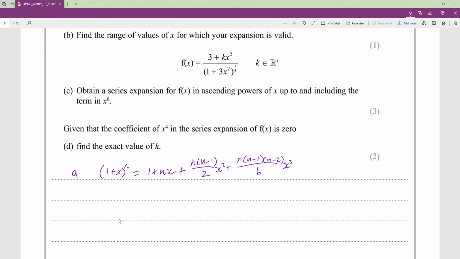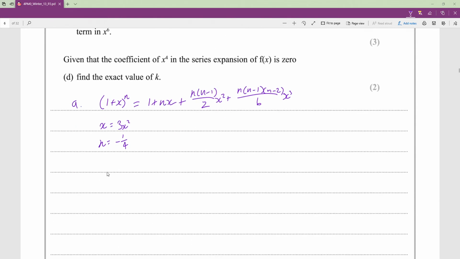Alright, given that our x is 3x squared and our n is negative 1 over 4, we can write this out as 1 minus 1 over 4 times 3x squared plus minus 1 over 4 times minus 5 over 4 divided by 2 times (3x squared) squared, which would be 9x to the 4.